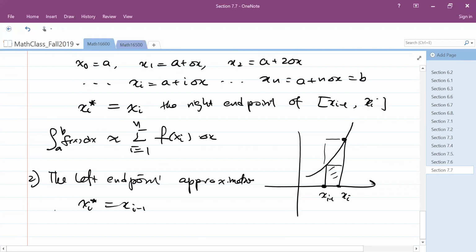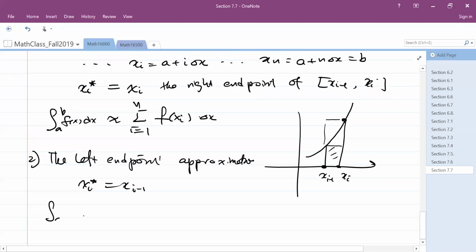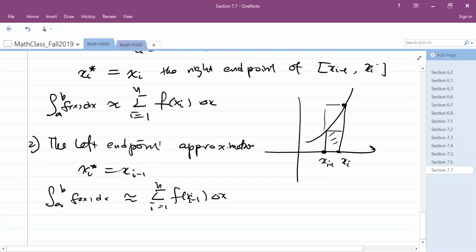So in that case, and for that function, clearly the left end point estimation is smaller than the right end point approximation.